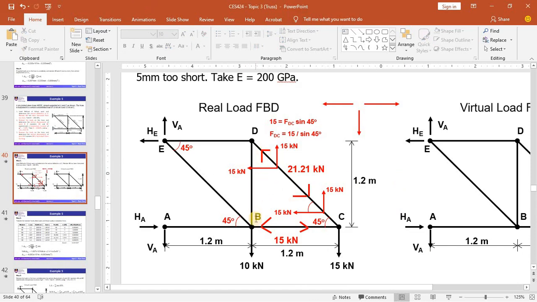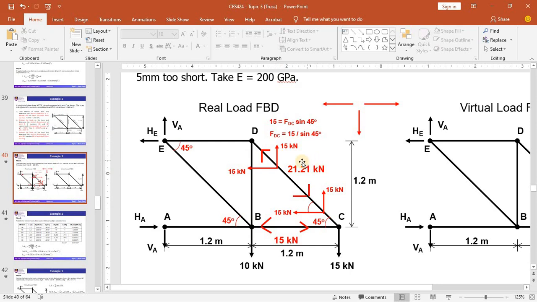Looking at the vertical direction at joint D, we have this force and the vertical component resulting from member DC. So only two forces act in the vertical direction at joint D, one from this member and this component. The vertical component is 15 kilonewton upwards.